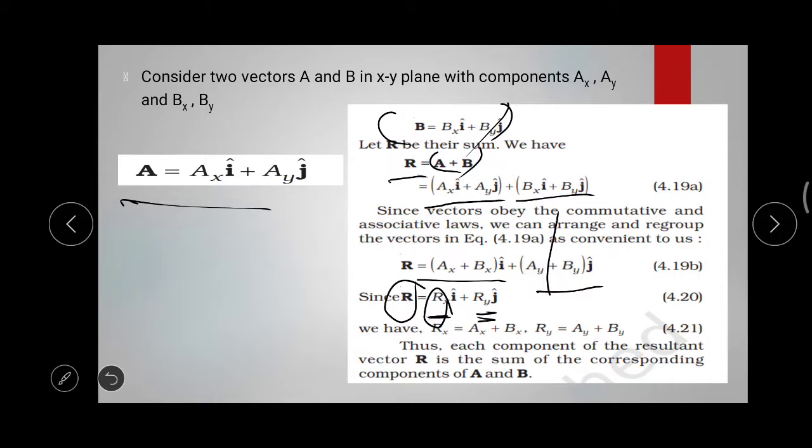So we can say that each component of vector R, that is the resultant vector, is the sum of the corresponding components of A and B. If you are considering the x component of R, then it should be the sum of the x components of A and B. Suppose if you are considering in 3 dimensions, a C vector is also there, then Rx will be equal to Ax plus Bx plus Cx. Okay.